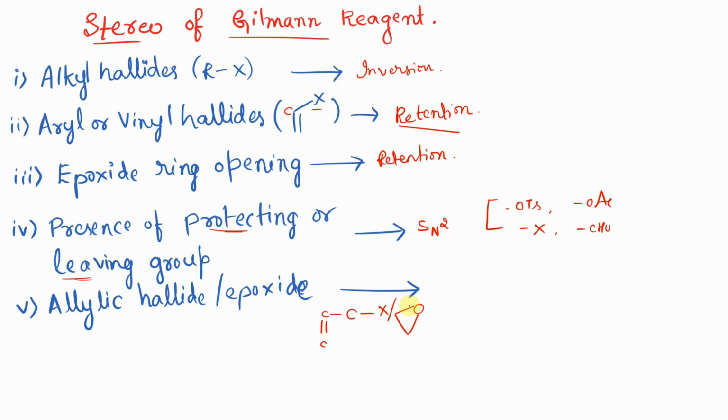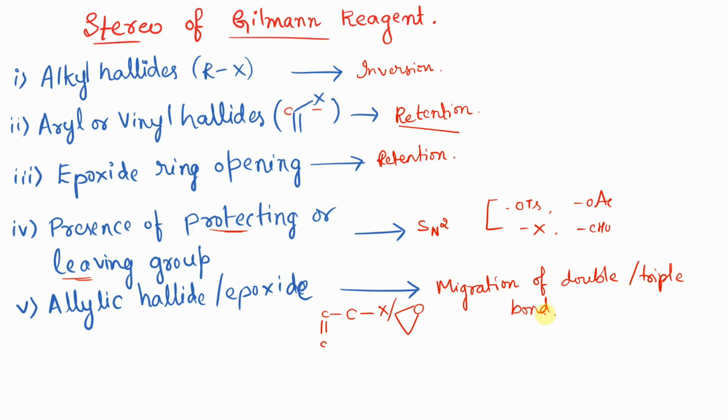The double or triple bond gets migrated in order to retain the structure. We'll learn more once we go through the examples. So note here that when Gilman reagent is treated with allyl halide or epoxide, migration of double or triple bond takes place.